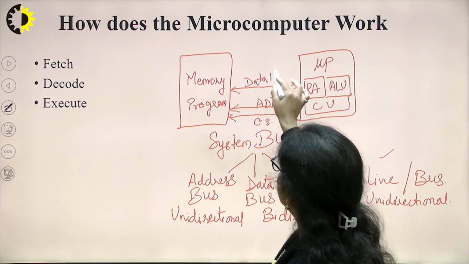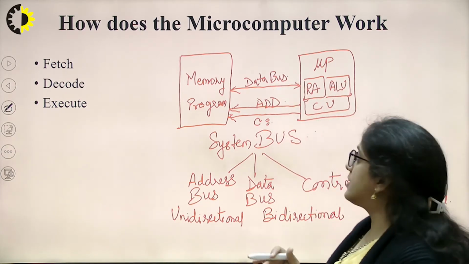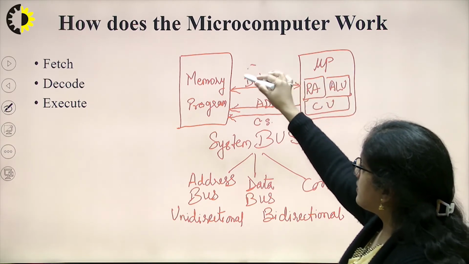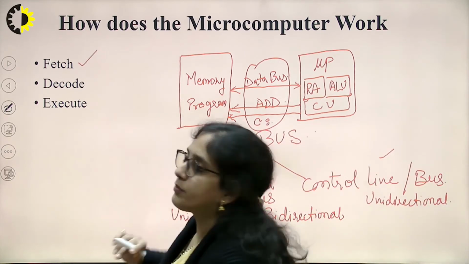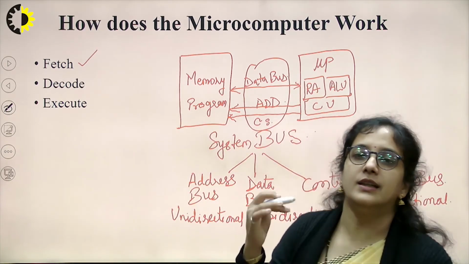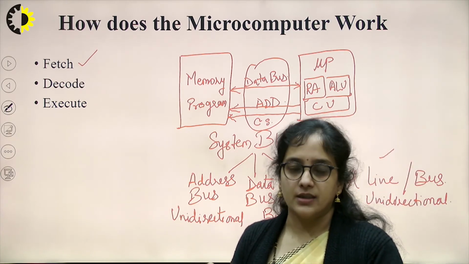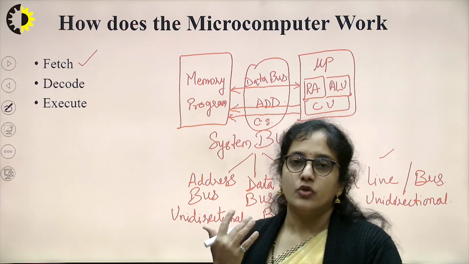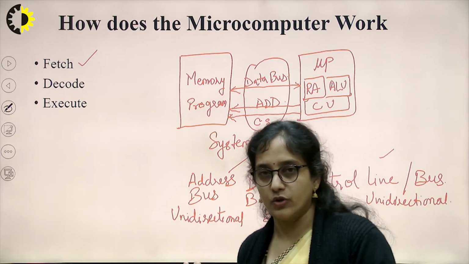The first instruction will reach the microprocessor, and this process is known as the fetch operation. The microprocessor generates an address, at that address location some instruction has been written by us as the programmer, and that first instruction gets fetched by the microprocessor.